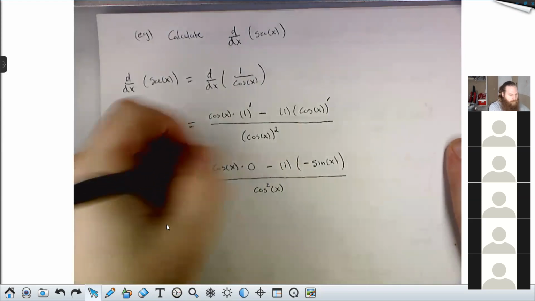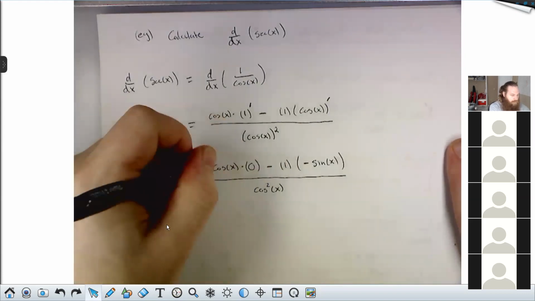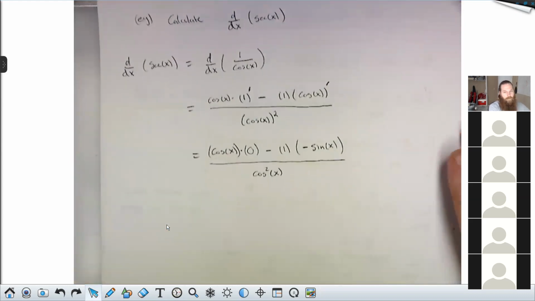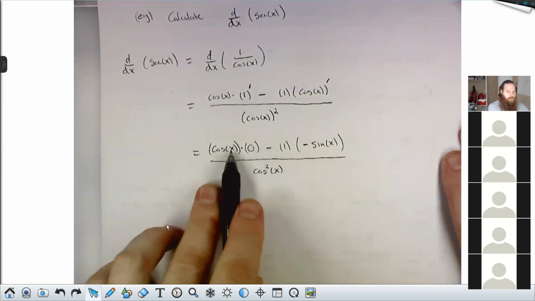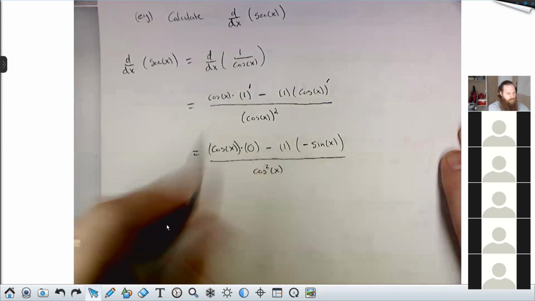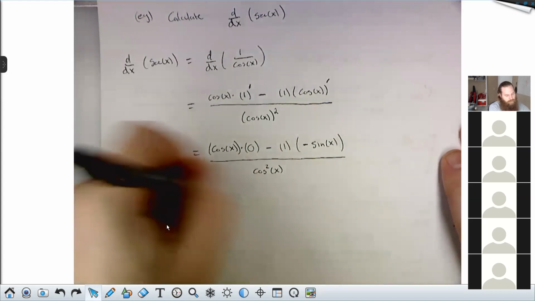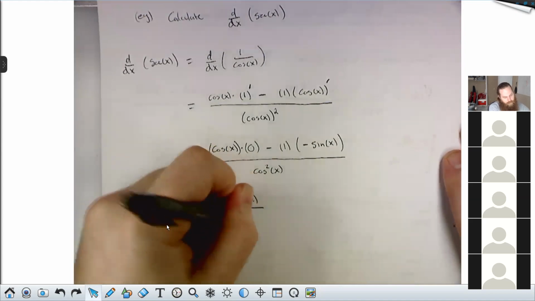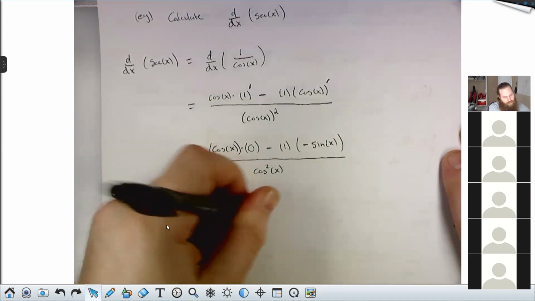We can think of these as being in parentheses if we want. Anything times 0 is 0, so this piece right here is 0. And then I've got minus negative sine, that's going to become plus sine. So I'll have sine x over cos squared of x.